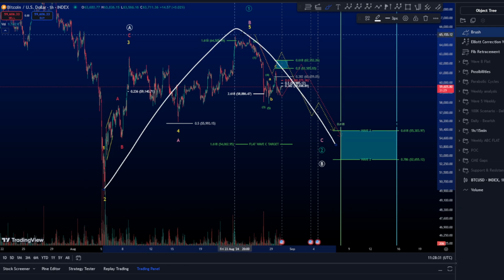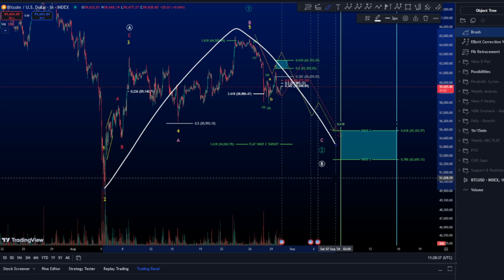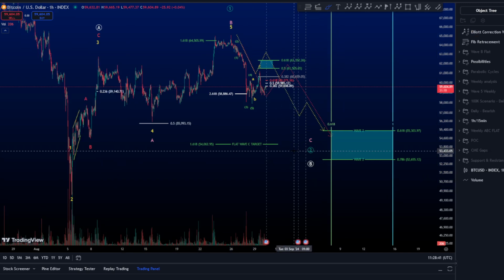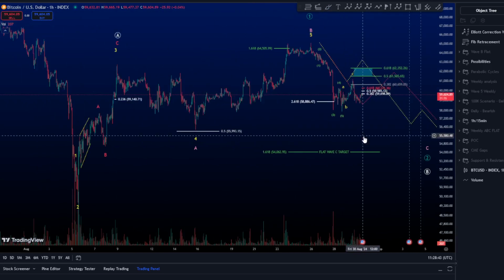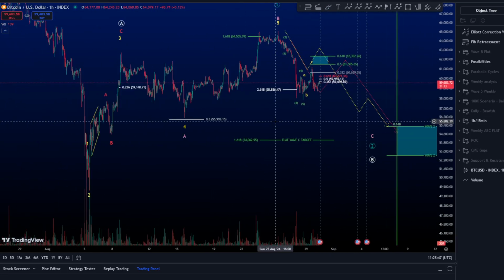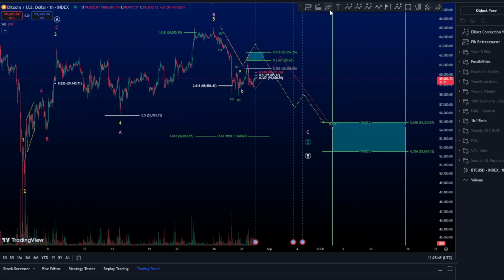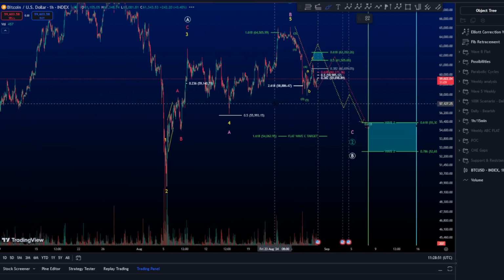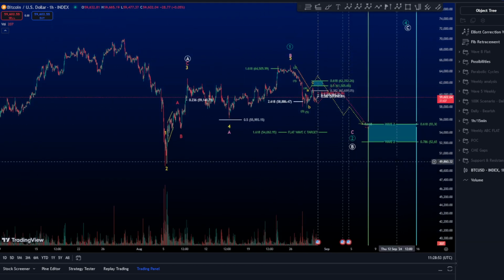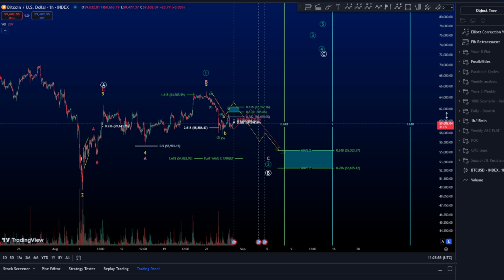Since we are in a wave 5 here, this is the wave 1 of 5, and it should match, of course, a little bit the wave 1 of 1. And this is exactly what's going on at a bigger scale. If you go back to other videos, this is exactly what you see. So just to clarify about this impulse, this is our most bullish scenario currently.